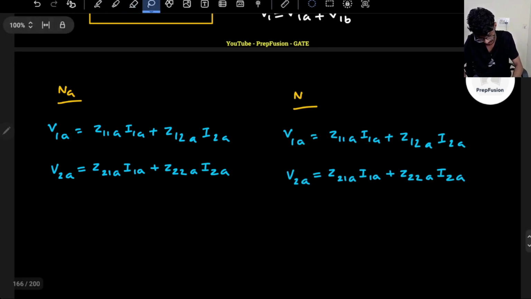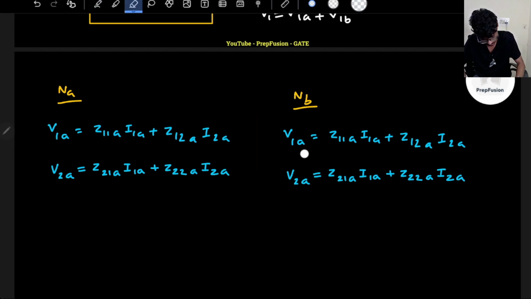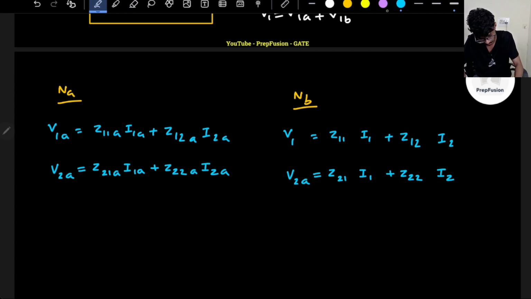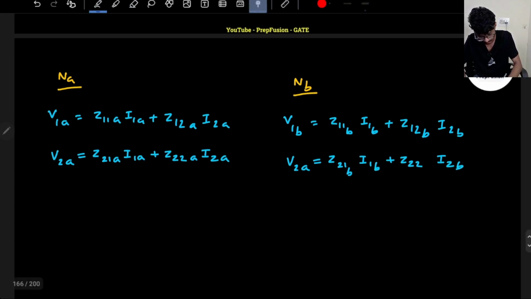What about network B? Everything will just be changed to B. That's it. Everything else remains the same. One thing I know is that I1A is equal to I1B is equal to I1.